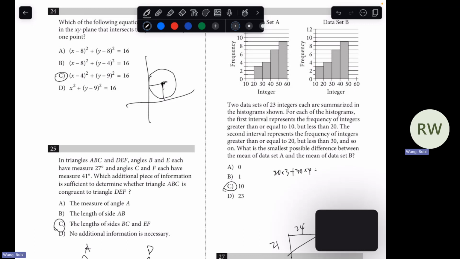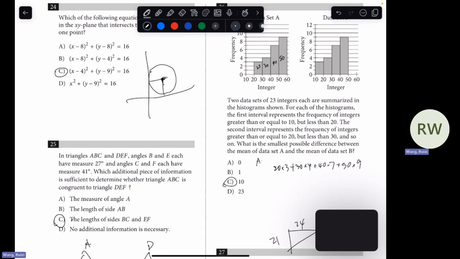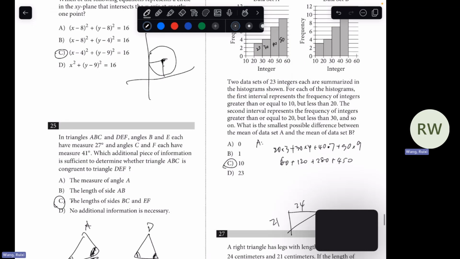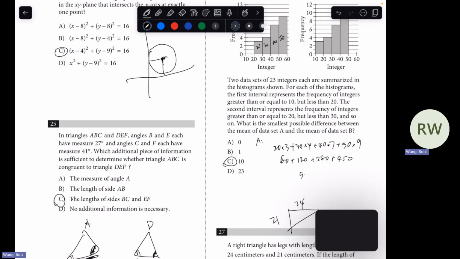And if you have extra time, this is the type of problem you want to double check. And plus, so 20, 30, 40, 50, 50 times 9. Okay, so this is data set A. And then the average is 60, 120, 280 plus 450. Okay, 408, so 9, 10.